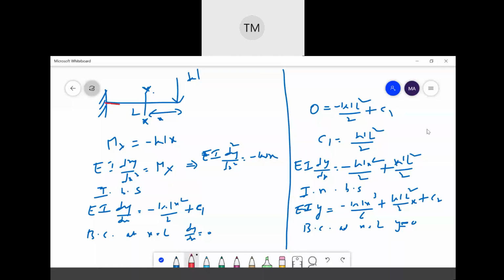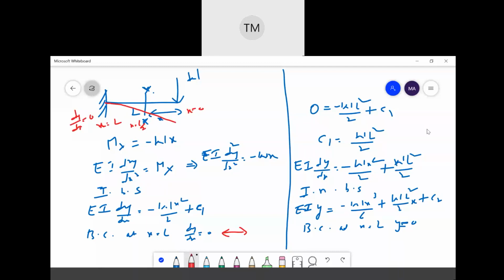At the fixed end, the deflection is 0. At the fixed end the x value is 0, at the center x value is L by 2, and here x value is L.